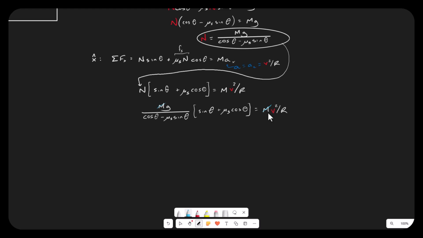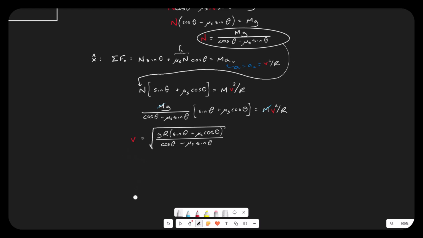If I'm solving for v, I'm going to multiply both sides by r and then take a square root. So I will get that my v is going to be equal to, if I multiply by r, I'm going to have this gr, and then sine theta plus mu s cos theta all divided by cos theta minus mu s sine theta, all that underneath the square root.